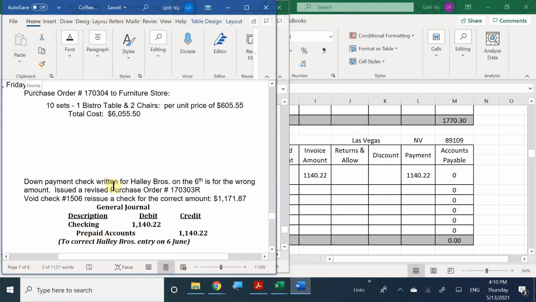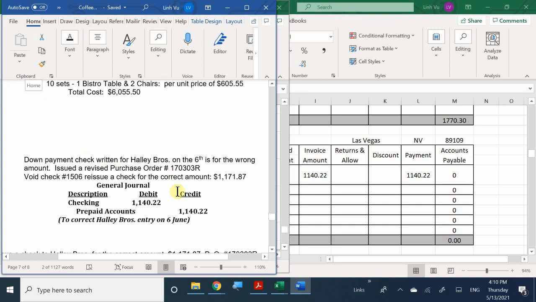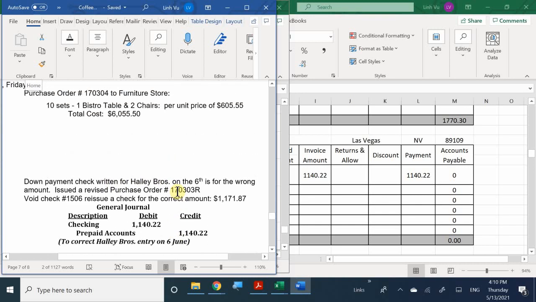Now, of course, a few things that we need to do. Since on our purchase order we said that the down payment was 1/3 of the amount, we need to go back and revise our purchase order, because in our purchase order we've indicated that our down payment was the $11.40 and 22 cents.